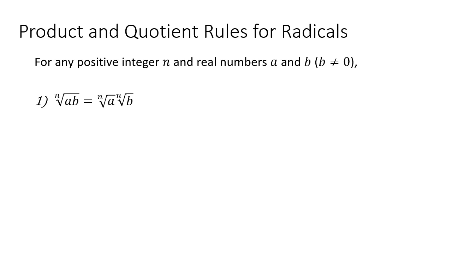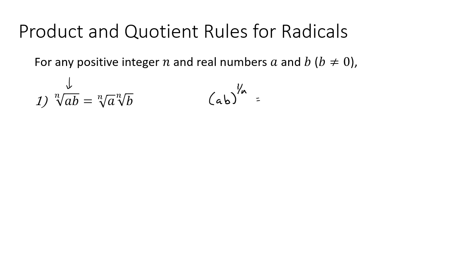So in part 1, we've got what's called the product rule for radicals. And that's that if you have the nth root of a product, a times b, it is just the nth root of each part of the product. And the reason for that is because this term on the left, nth root of a times b, by definition, is just a times b, all in parentheses, raised to the 1 over nth power.